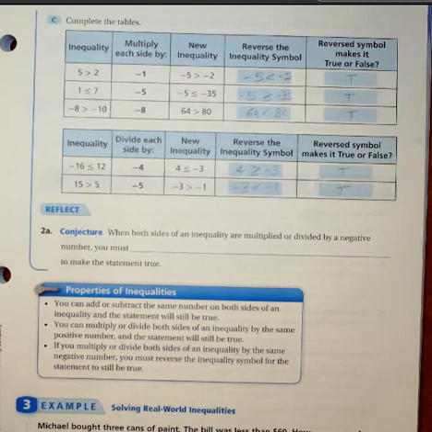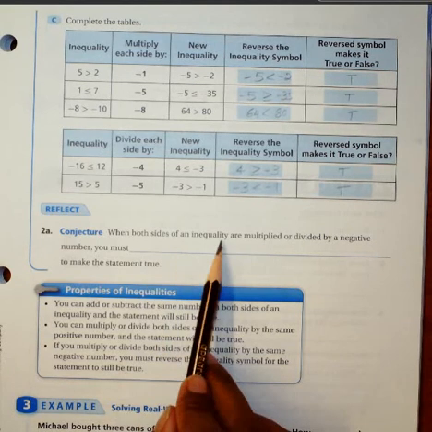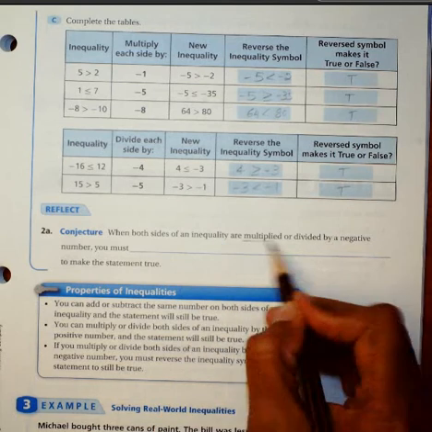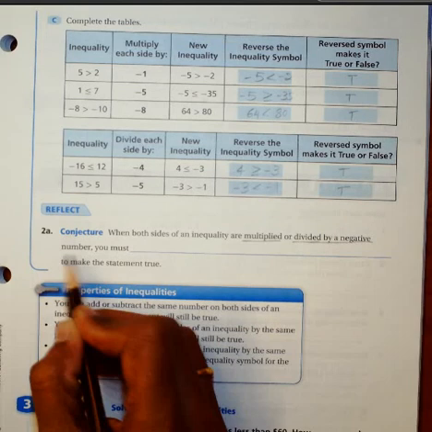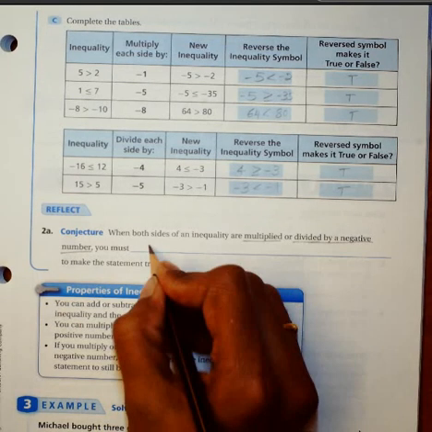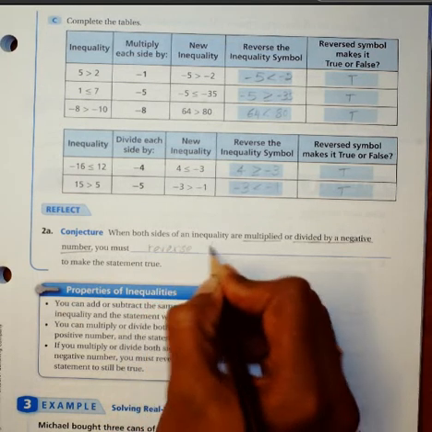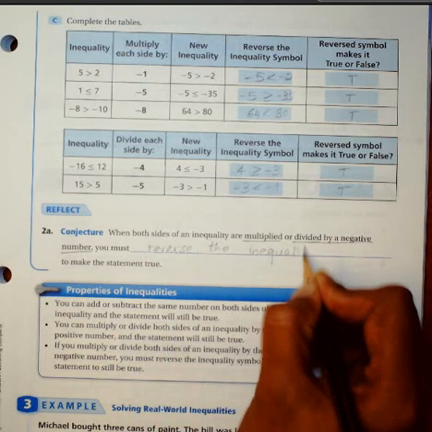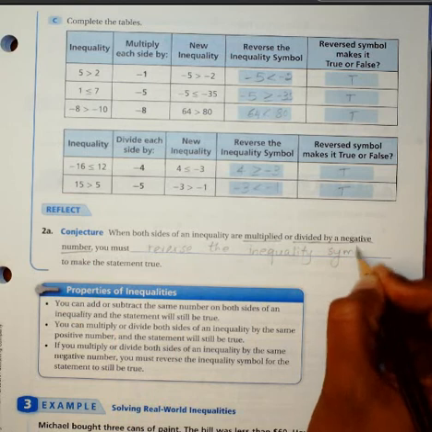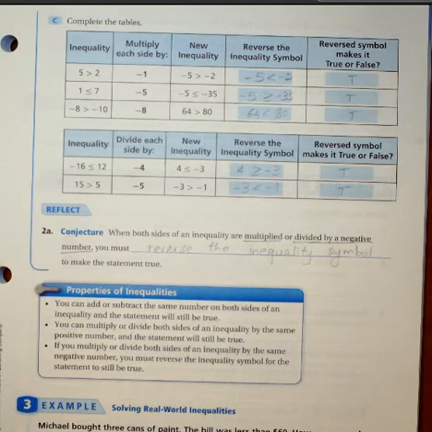When both sides of an inequality are multiplied or divided by a negative number, you must reverse the inequality symbol to make the statement true. So every time you divide or multiply an inequality by a negative number, you should switch the signs to solve it. Does that make sense?